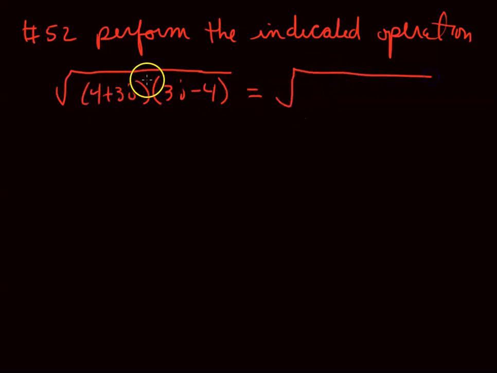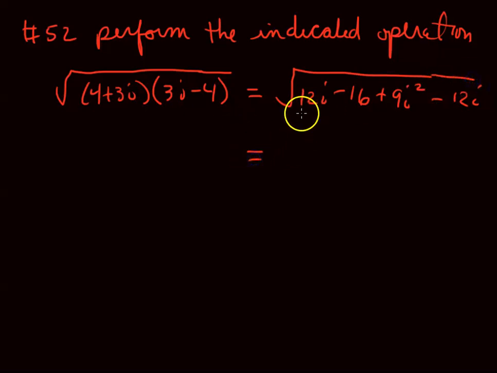This is 4 times 3i, so it's 12i, and 4 times a negative 4, so negative 16. 3i times 3i is 9i squared, and 3i times a negative 4 is a negative 12i.